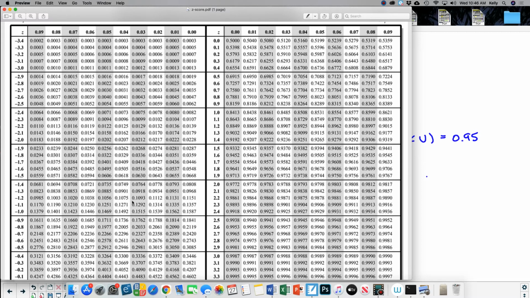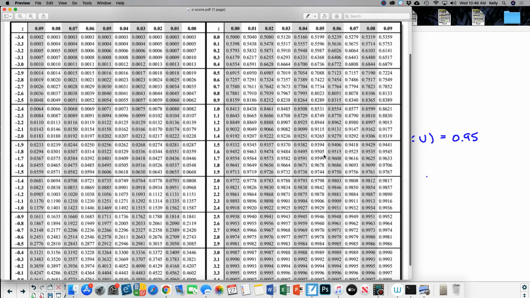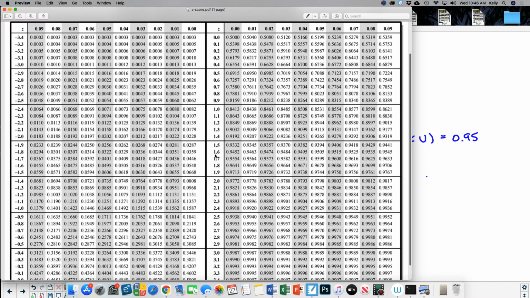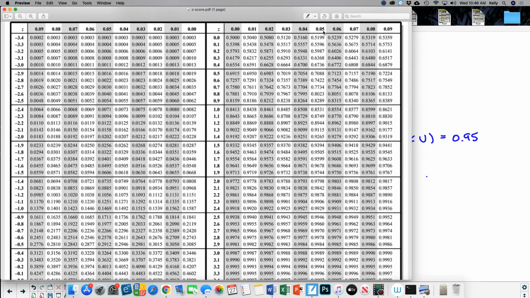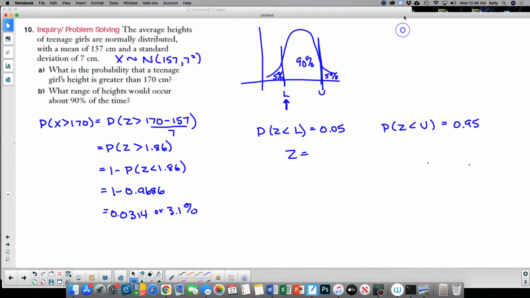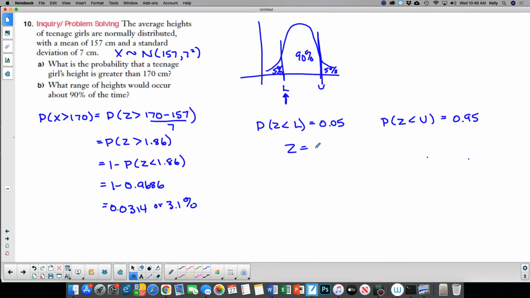And while we're here, let's look up what 95 is. So if we go over here for 95, that's right about here. So that's 1.65. So we know that for the lower bound, we need to use a z of negative 1.64, and for the upper bound, we need to use a z of 1.65 or 1.64. It's not going to make a whole lot of difference here.